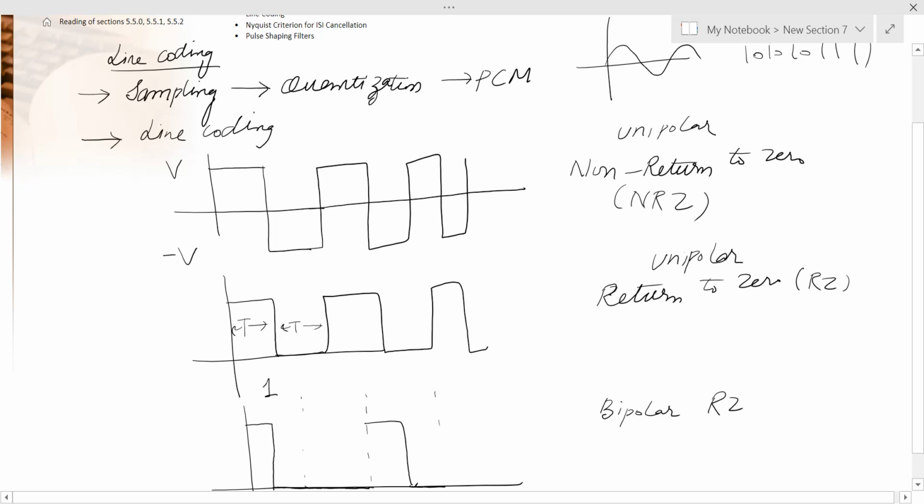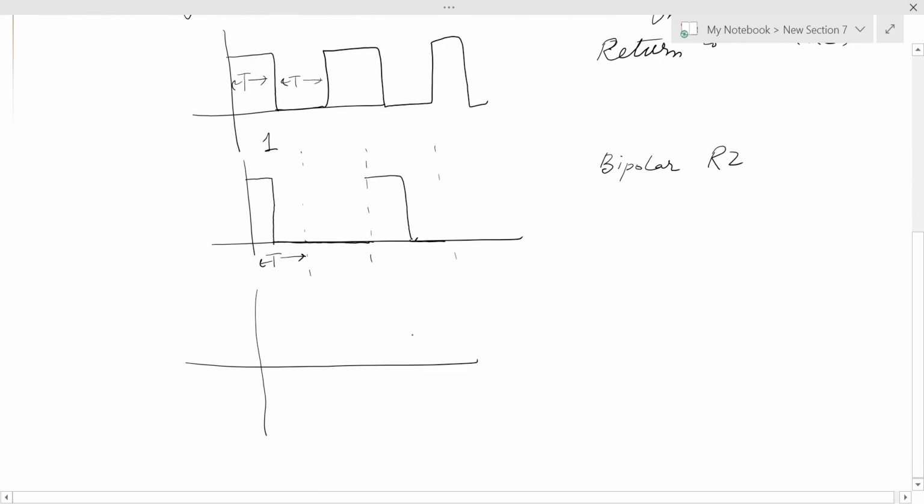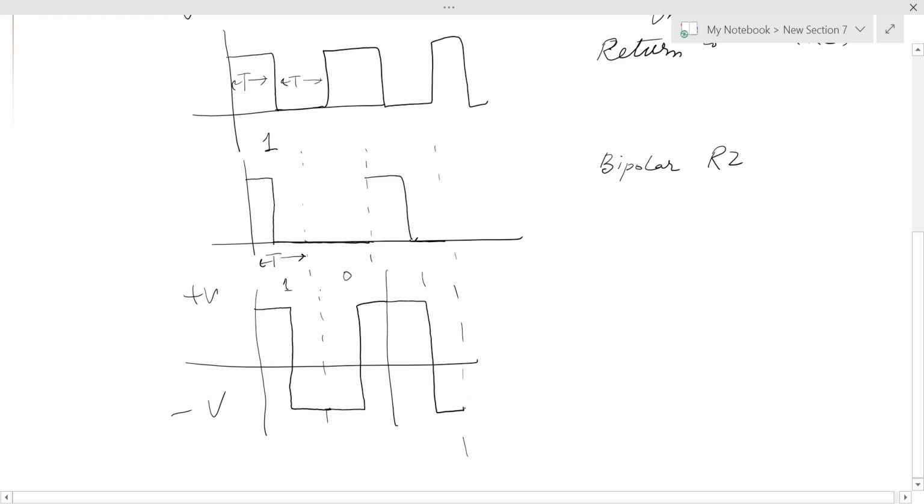And if we have a sort of bipolar with non-return to 0, that is this plus V minus V, then a shift from positive to negative is represented as 1, and a shift from negative to positive is represented as 0. So this is of course bipolar, non-return to 0. It has a special name, it's called Manchester.